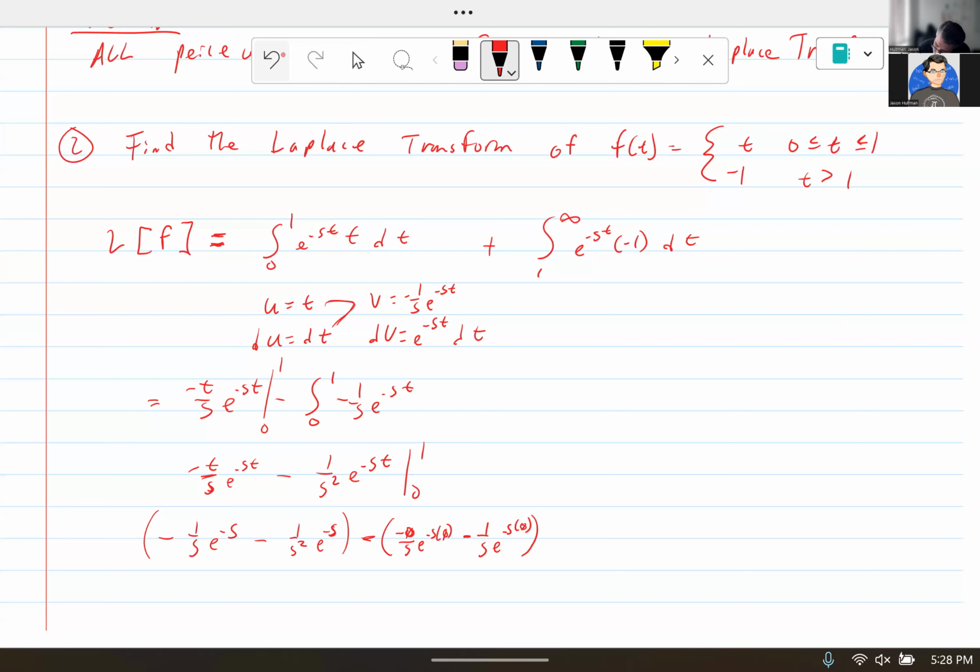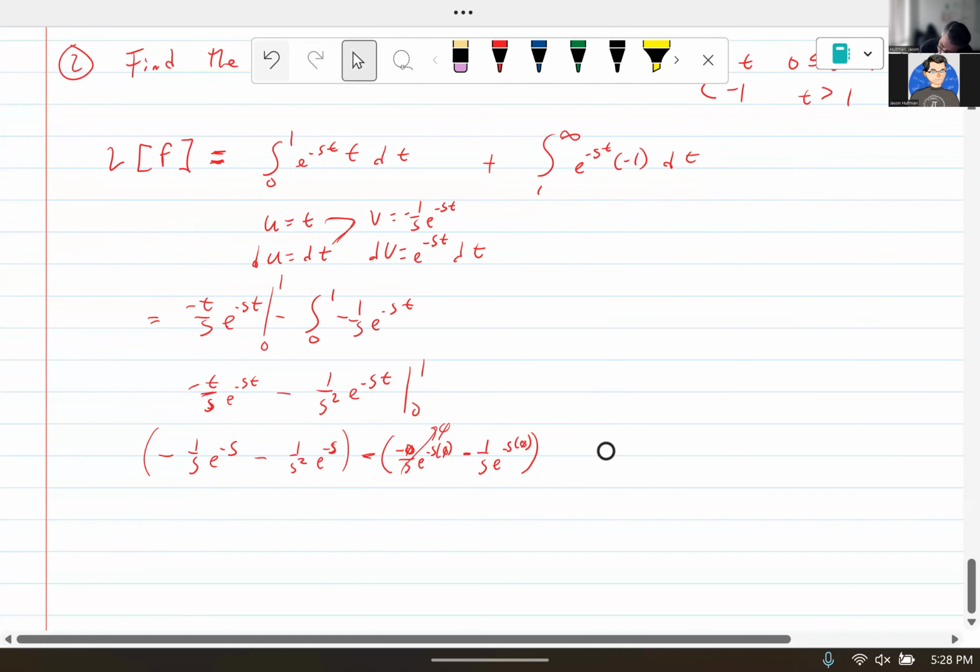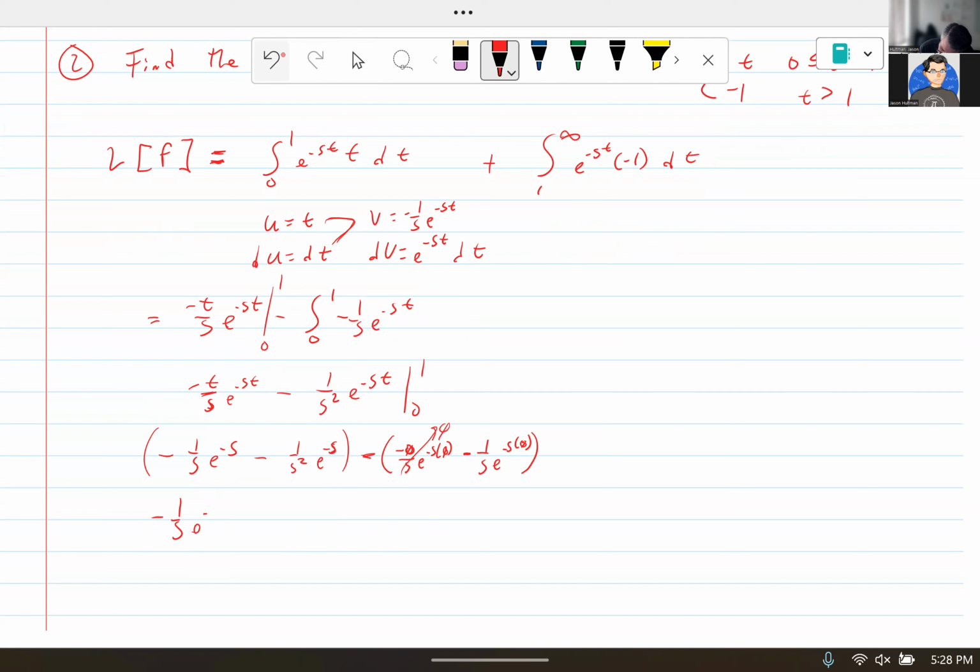So this thing goes to 0, and I'm just left with negative 1 over s, e to the negative s, minus 1 over s squared, e to the negative s, plus, distributing the negative, 1 times e to the 0, which is 1. So this just becomes 1 over s. Okay, so that's the first portion.